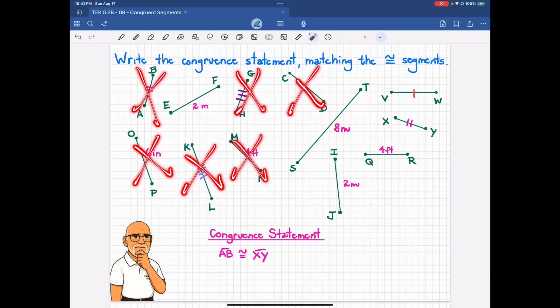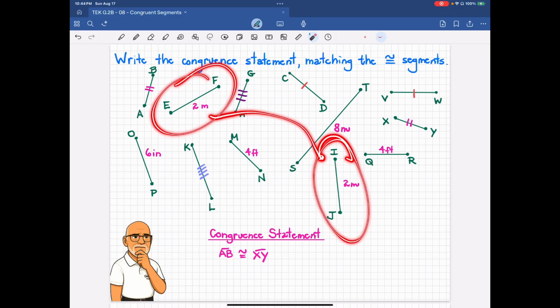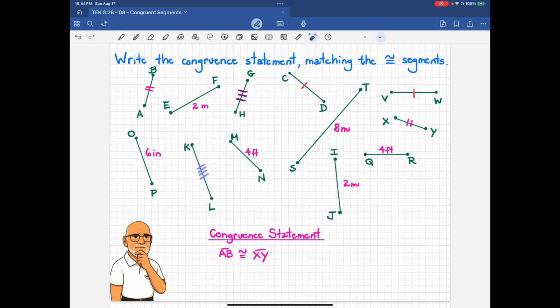Doesn't measure 2. No, right here, IJ. So EF matches with IJ. Those 2 line segments are congruent. Writing a congruent statement, I could write EF is congruent to IJ.